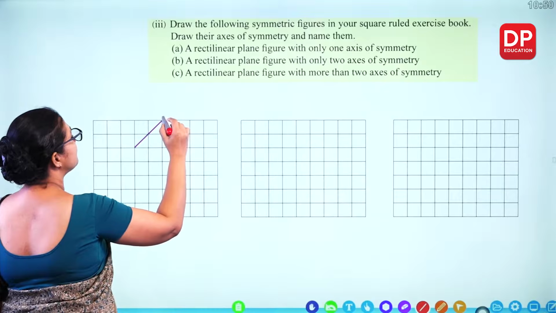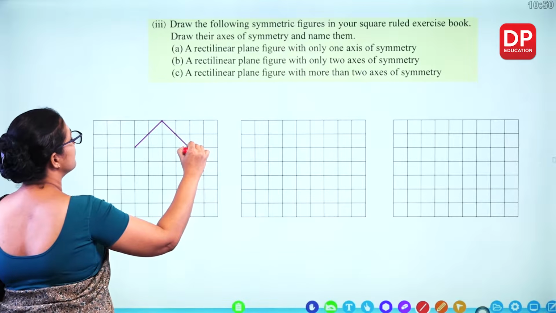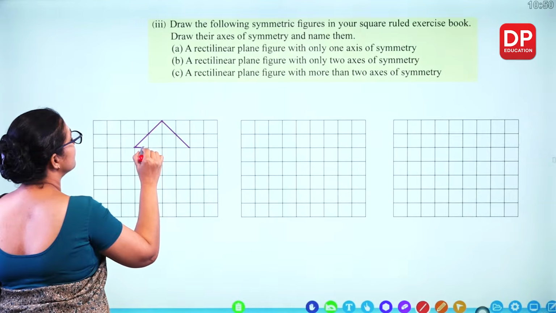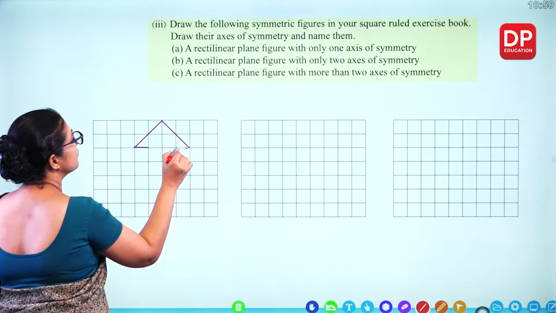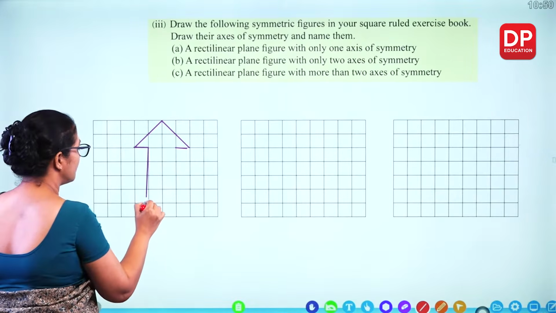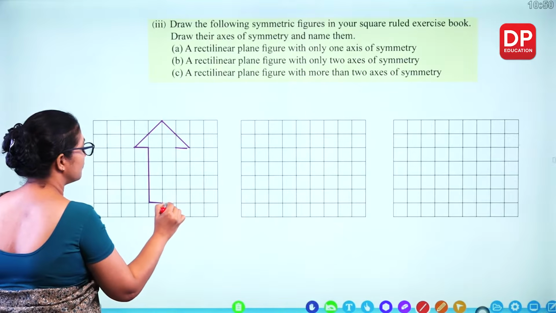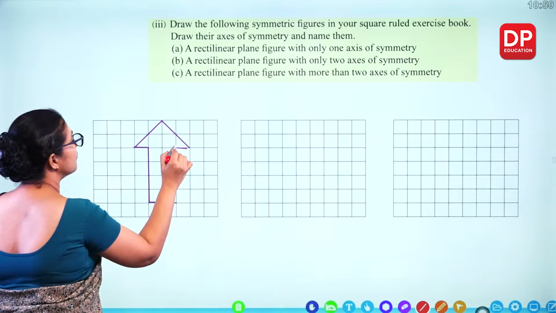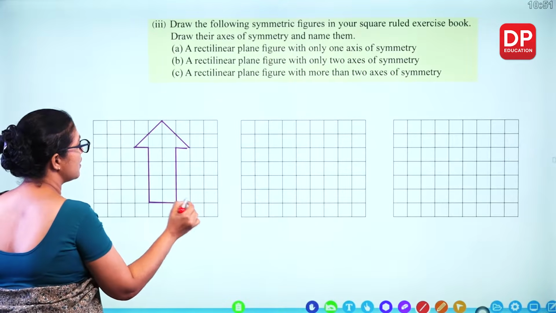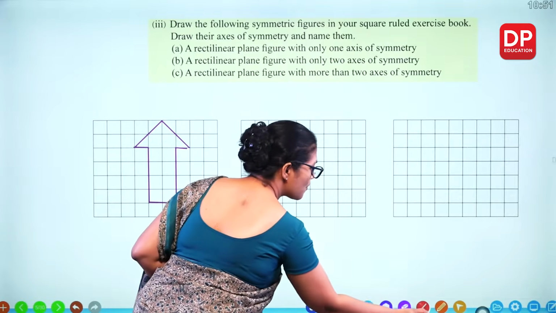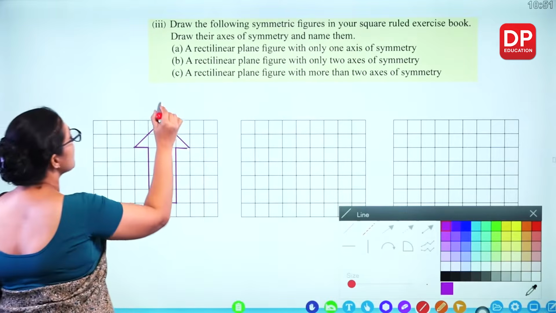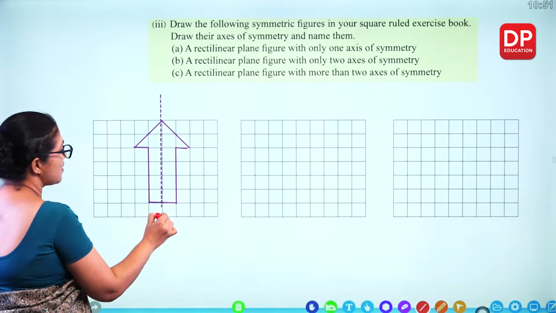Something like this. So you get one line, one axis of symmetry. This is the axis of symmetry.